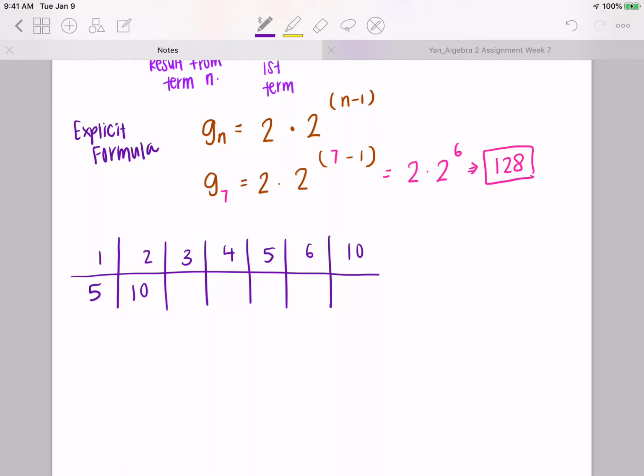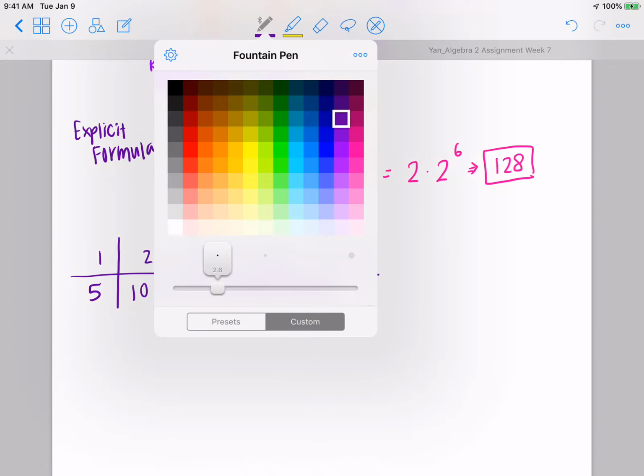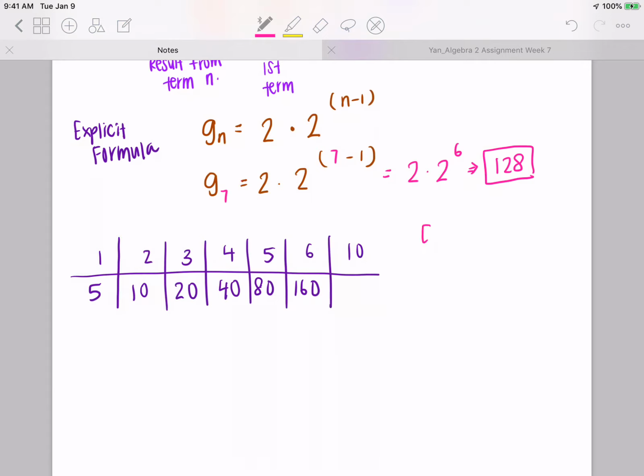And these are the numbers that are given to you. So how do I create an explicit formula and also be able to find g sub 10 later? Okay, so the explicit formula, first off, let me erase this first.